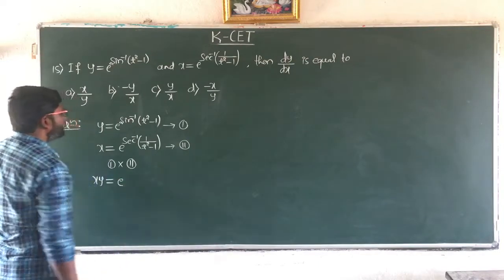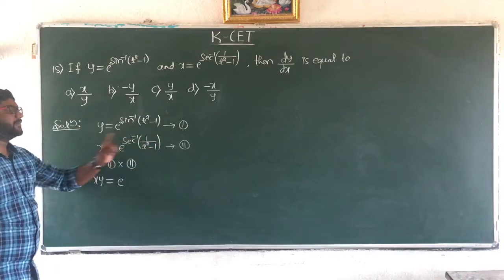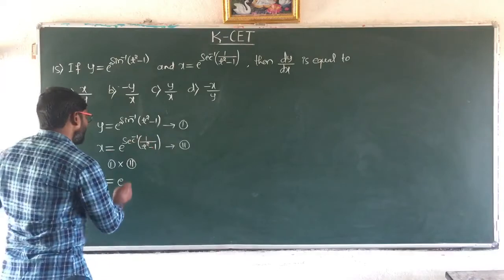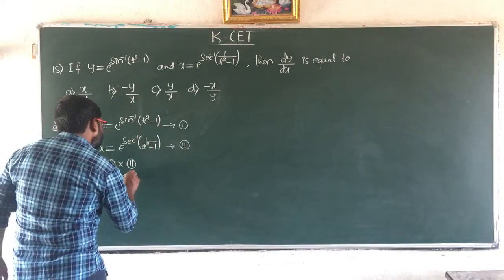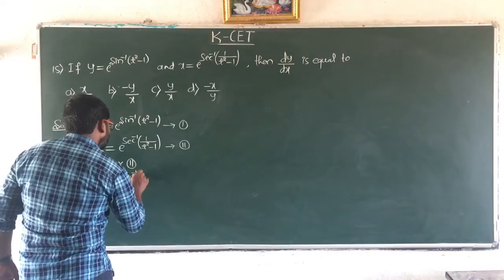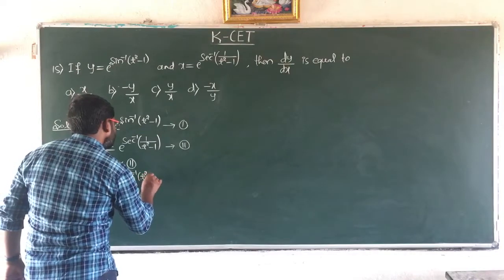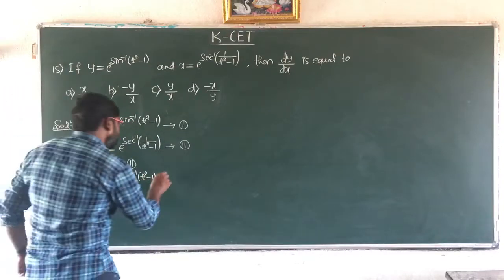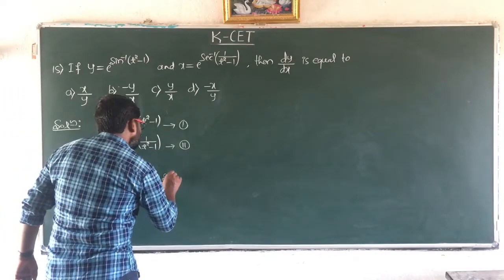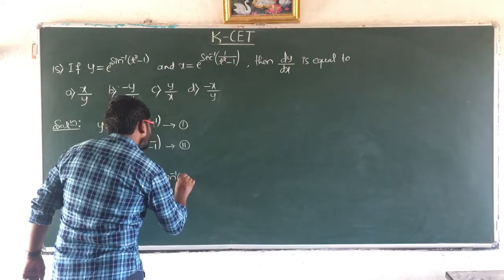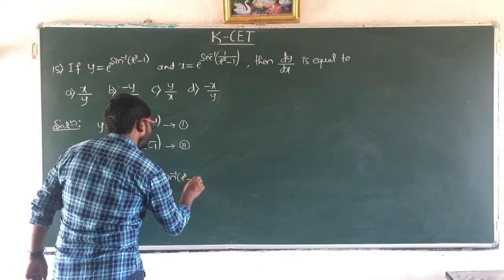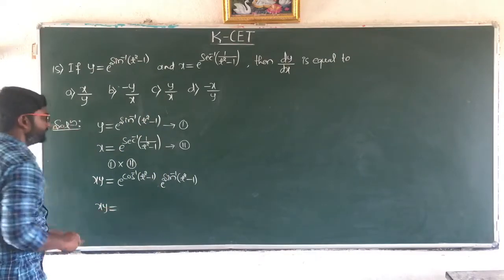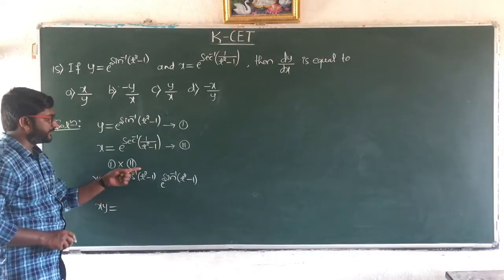e raised to secant inverse (1 by t square minus 1), which can be written as cos inverse (t square minus 1). So I write cos inverse (t square minus 1) into e raised to sine inverse (t square minus 1). So xy is equal to, now it is in the form of e raised to m into e raised to n.